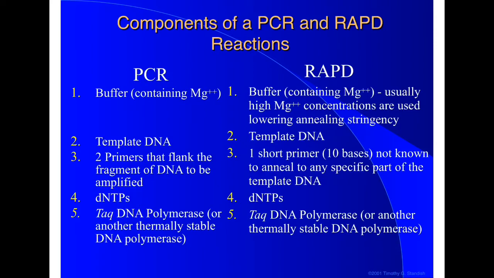We have the template DNA in both cases, and two primers that flank the DNA fragment to be amplified in the case of PCR. In RAPD also we have the primers, but the primer's length is very short, just 10 base pairs. Here we can do the DNA amplification by using dNTPs as the DNA precursors.